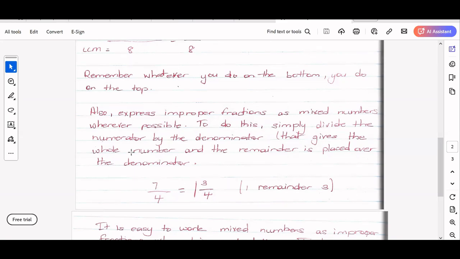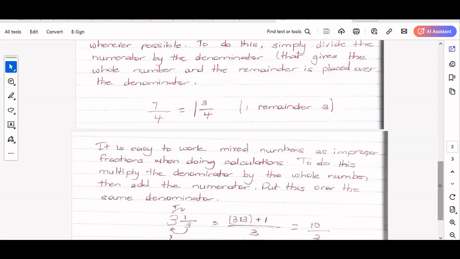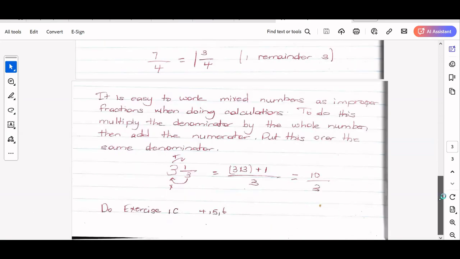So that gives you the whole number, and the remainder is placed over the denominator. So 1 4 is 4, and the remainder is 3, right? So the proper fraction next to this whole number for your mixed number would be 1 and 3 over 4. That's 1 remainder, 3.